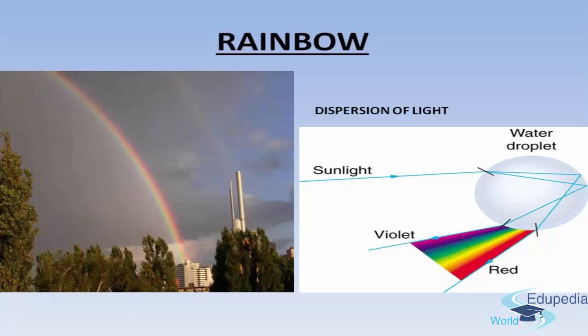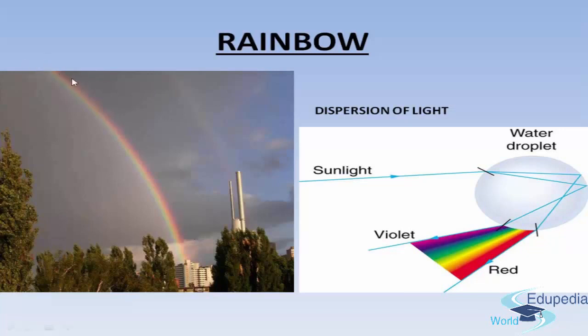And that's why after reflection, it again goes to the other side of the water droplet and is reflected again, and then after it comes out, this is how they are dispersed. So the water droplet actually acts as a prism in this case, and that's how the dispersion of white light takes place.